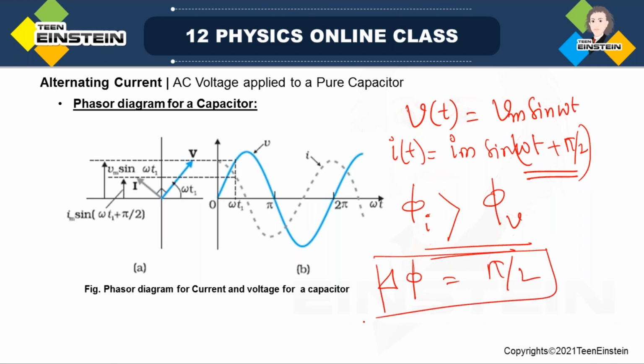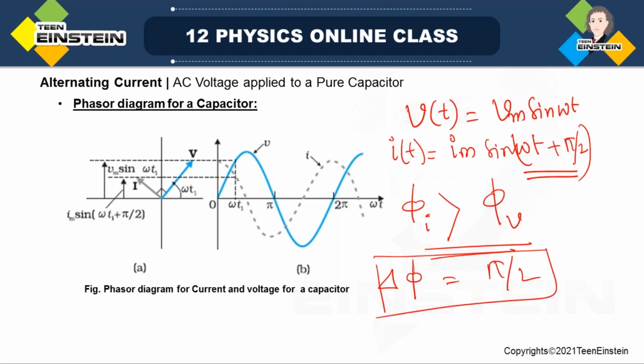And in this case, as you know, we need to know which one is lagging and which one is leading. See, in this case, the current is ahead of voltage by 90 degree or pi by 2 radian.